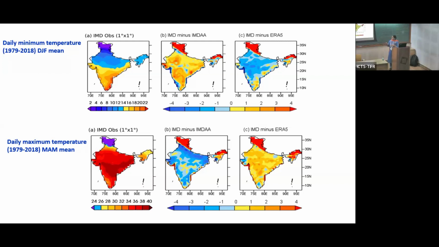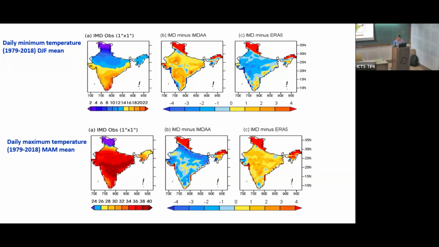Otherwise all other fields from IMDA are matching with ERA5. And I think this is the inherent problem of the model. This is the unified model problem. Because if you see our operational forecast also, when we compare with the observation, the minimum temperature is slightly less in our operational forecast, the unified system also, and the maximum temperature is slightly higher.